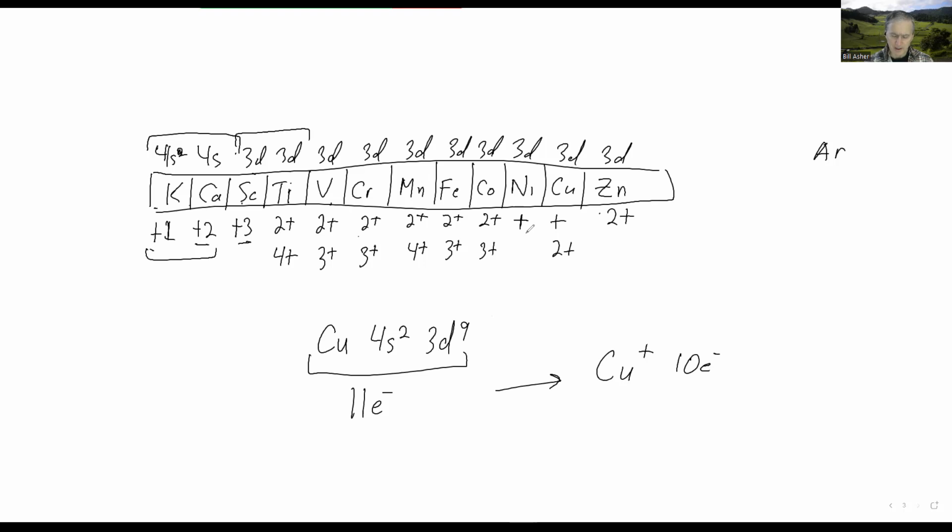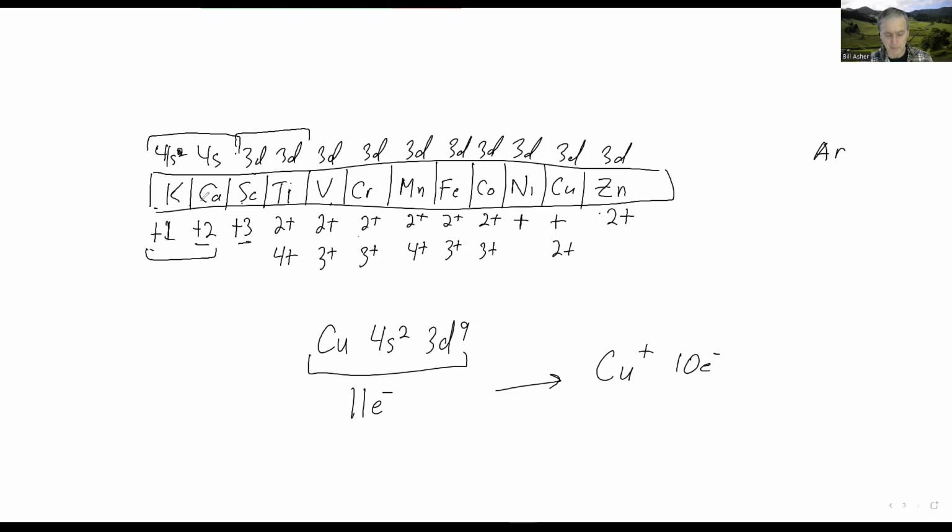Nickel is the same way. Nickel has 1, 2, 3, 4, 5, 6, 7, 8, 9, 10. Nickel loses 10, and what happens with nickel? Somehow it rearranges things to get to a better state for itself. A lot of what you see going on here are atoms doing this.